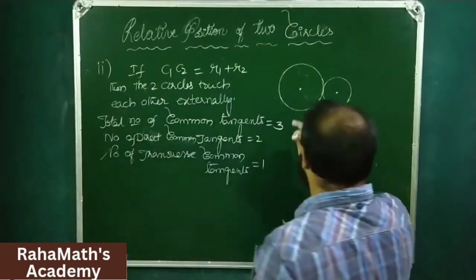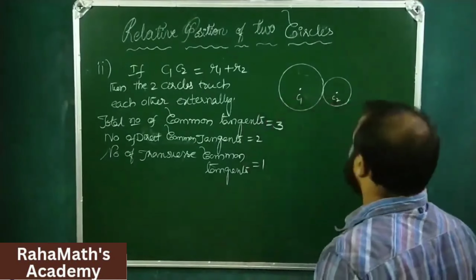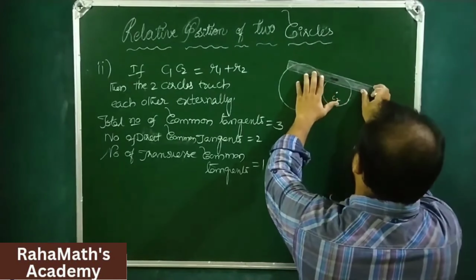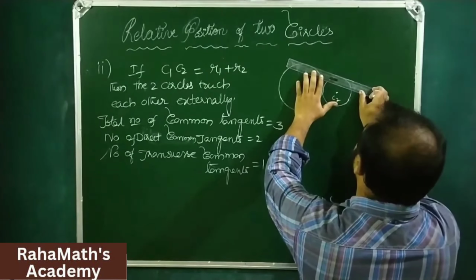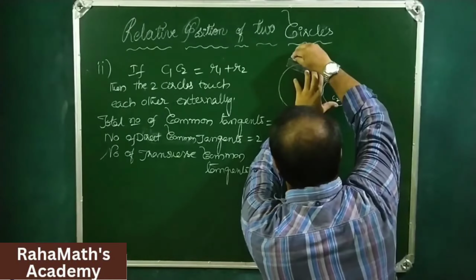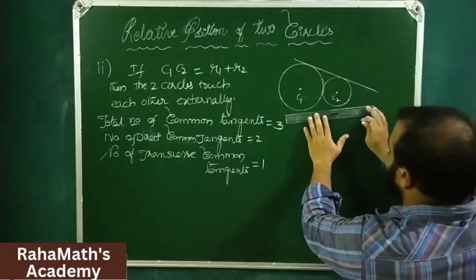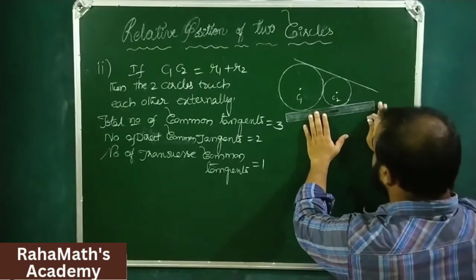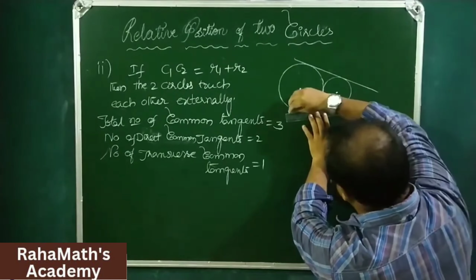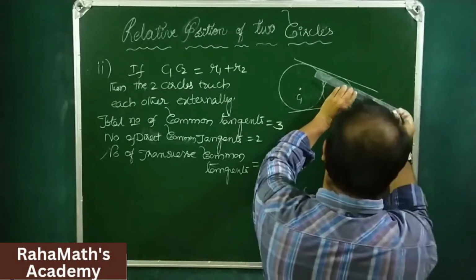So these are the two circles having centers C1 and C2. Okay, so this is one line which is common to both the circles. This is one direct common tangent, and this is another direct common tangent.